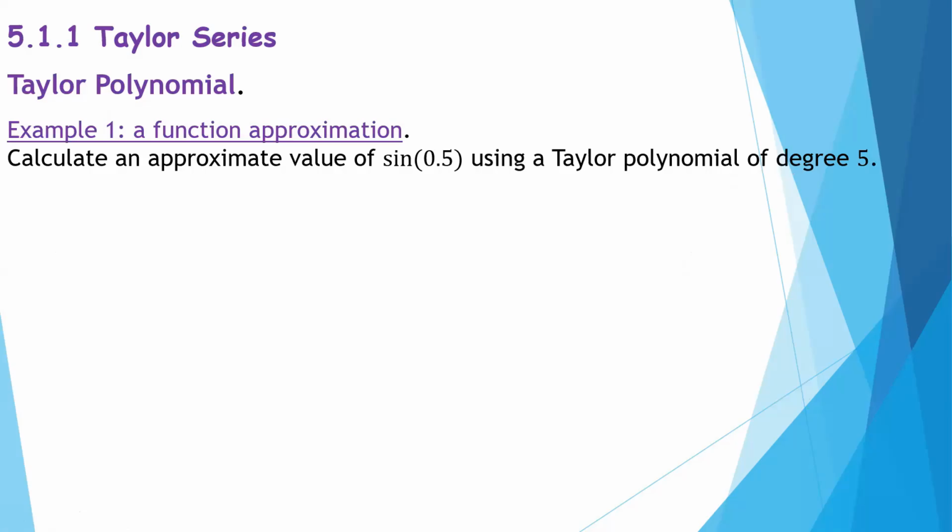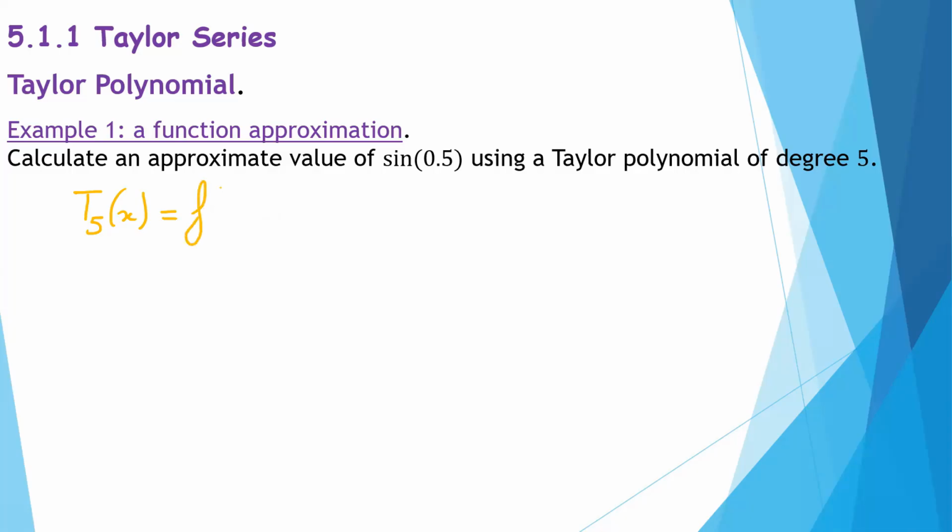Let's see an example. I'll calculate an approximate value of sine of 0.5 using a Taylor polynomial of degree 5. So how do we calculate sine of a half? What is the formula? Here we need T5. So what's the formula for T5 of x?